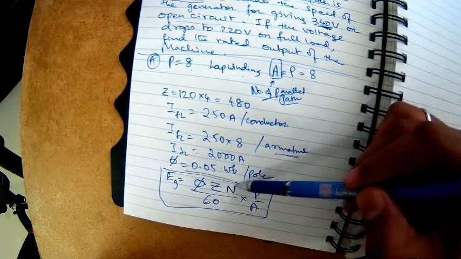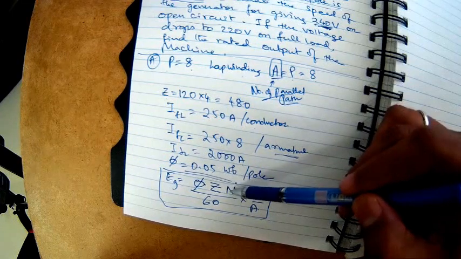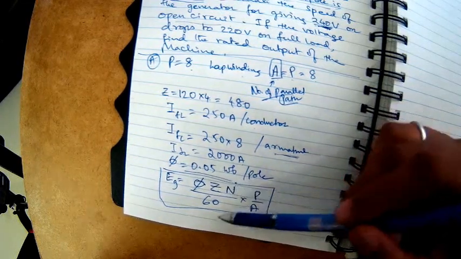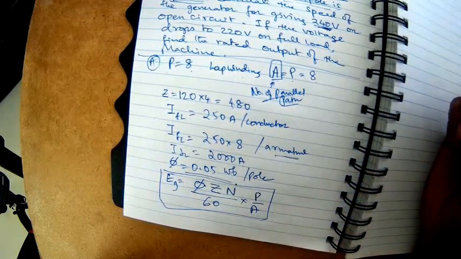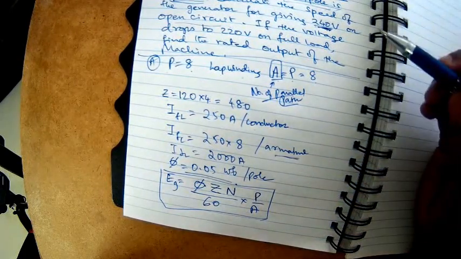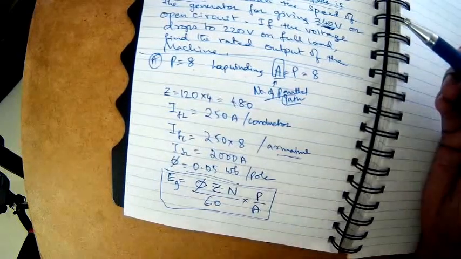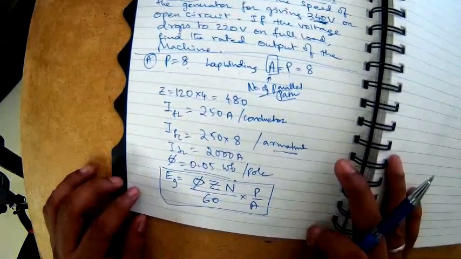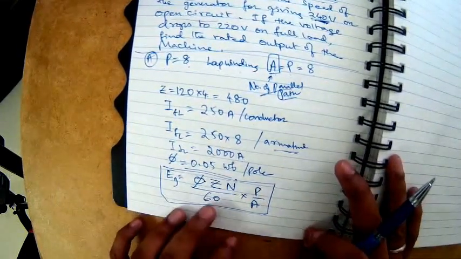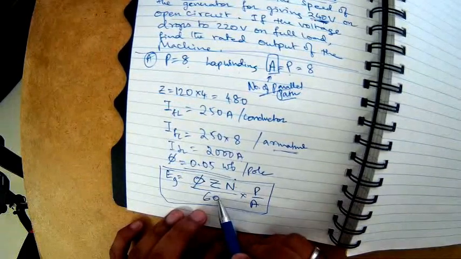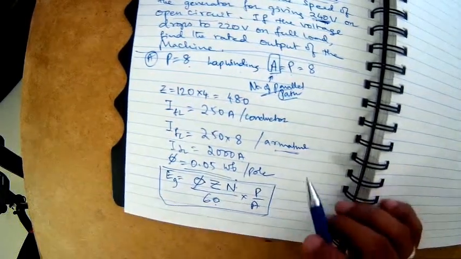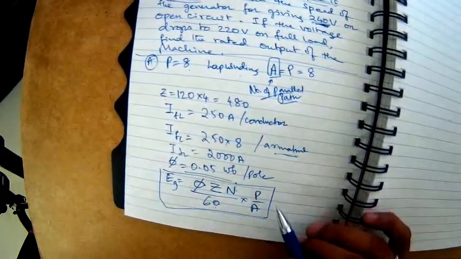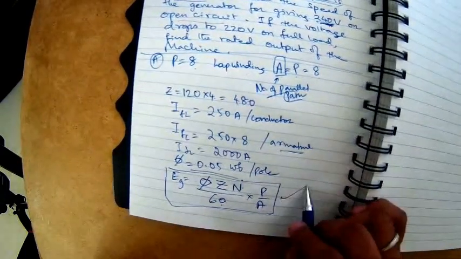And then this is the speed of the machine in revolutions per minute. If I divide by 60, it becomes revolutions per second. So I think somewhere 2 pi also should be there. No, 2 pi will not be there, because 2 pi will be there when you are talking about torque. So let's forget it. This formula is correct.